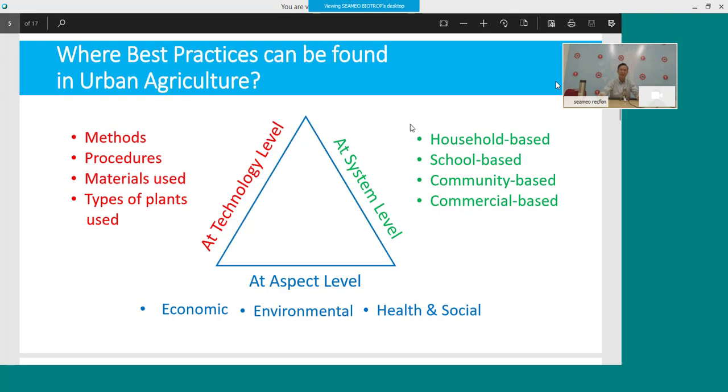So these are some of the three levels where you can identify what your best practice is all about. Once again, look into the technology level of your farming, look into the system level in the school where you practice urban agriculture, and at the same time, see whether your urban agriculture is addressing economic, environmental, and or social and health aspects in doing urban farming.